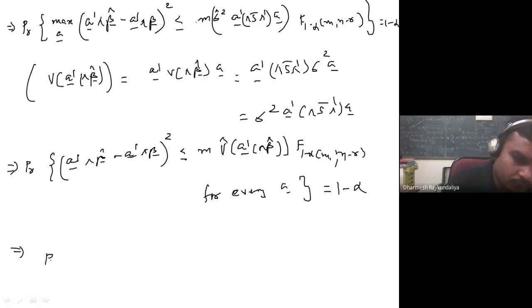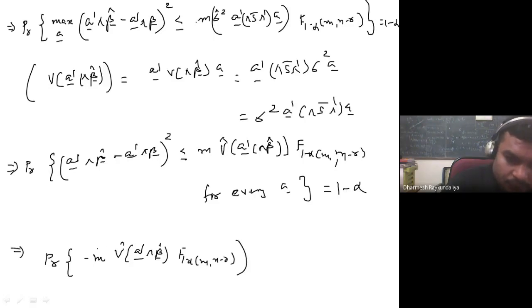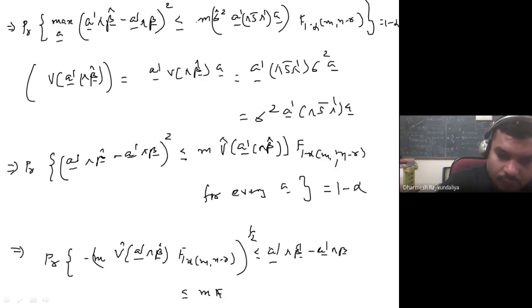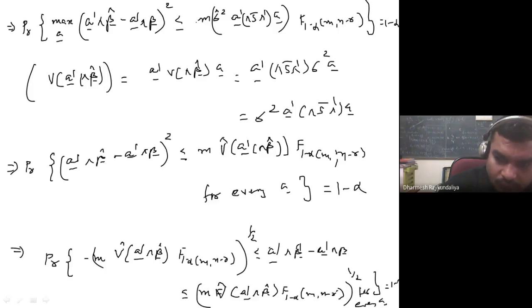So we can write the probability that minus square root of m estimate of variance of a dash lambda beta cap into F 1 minus alpha, m, n minus r raised to half is less than or equal to a dash lambda beta cap minus a dash lambda beta is less than or equal to plus, that is the positive square root, of the same quantity, for every a, and that is nothing but 1 minus alpha.